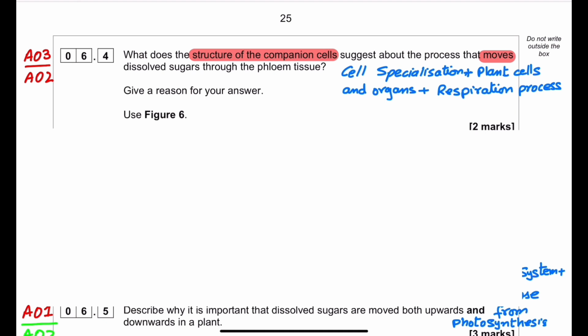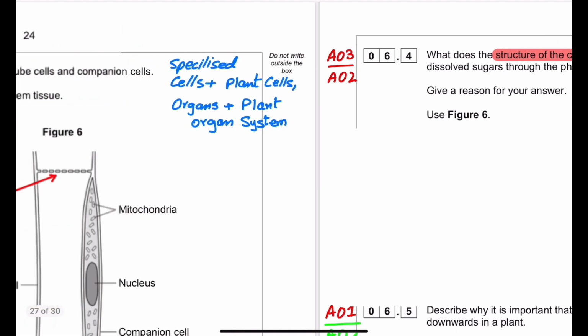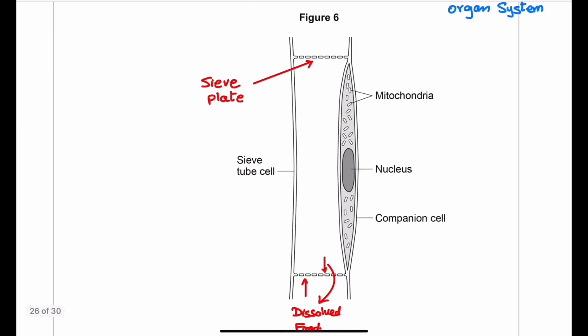Give a reason for your answer. Use figure number 6. If we go back to figure number 6, we can see this is a companion cell and there is a large number of mitochondria present here.